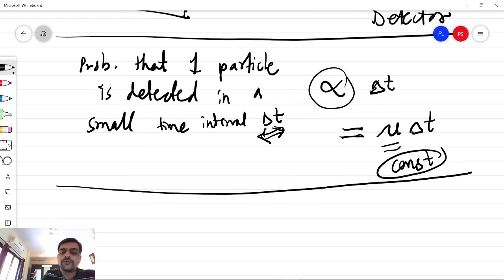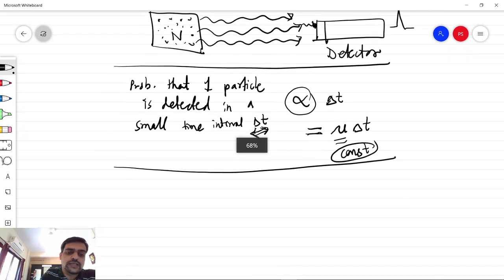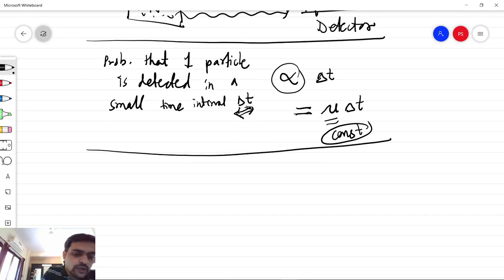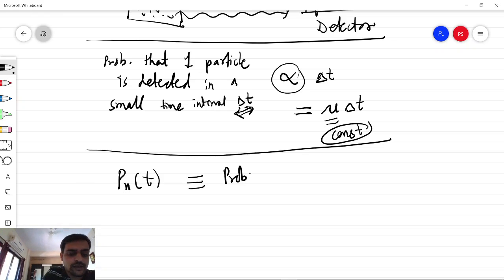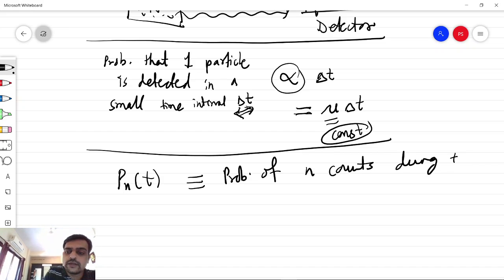Let us introduce a standard notation for this as well. When we write Pn of t, we are calculating the probability of detecting n counts during time t.